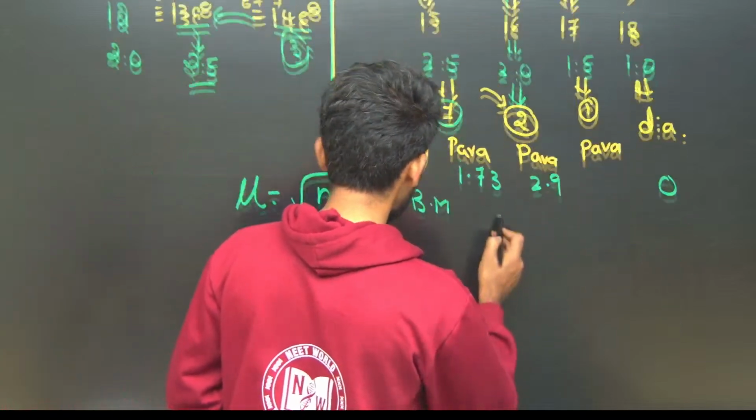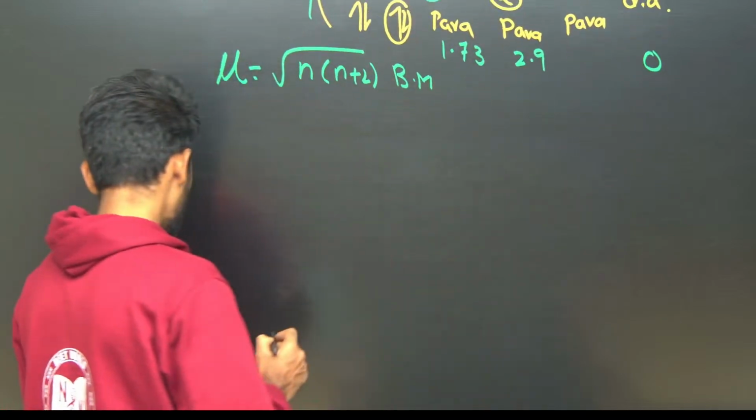Next. Now in case something like this, they have given NO2, they will ask which of the following is paramagnetic.